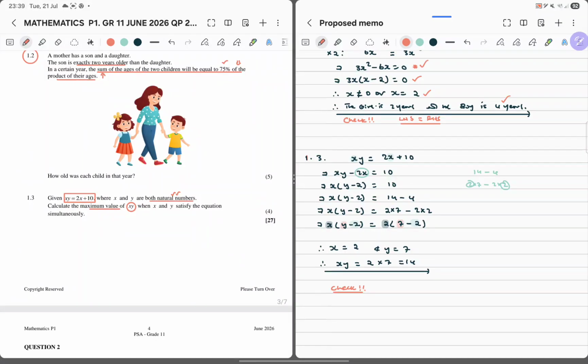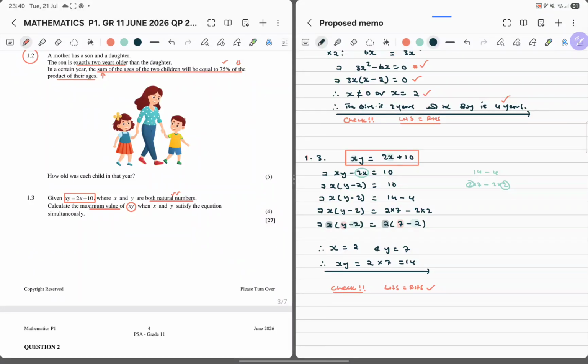So let's check. What are we going to check in the original? For these values we got, is our left hand side equal to the right hand side? Let's say x is 2, y is 7. So x times y, meaning 2 times 7, is 14. If we look here, 2 times 2, that's 4, plus 10, that's 14. So indeed, it checks out.